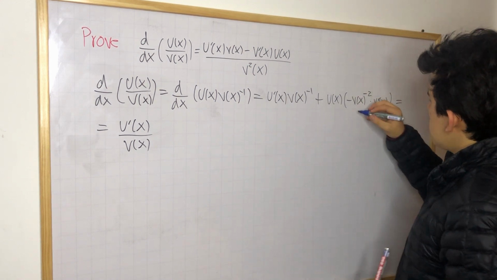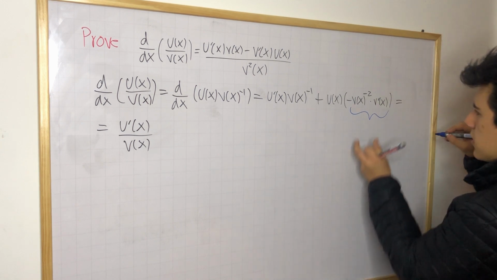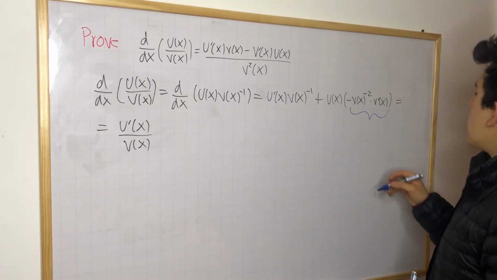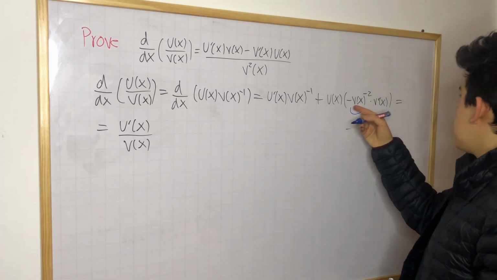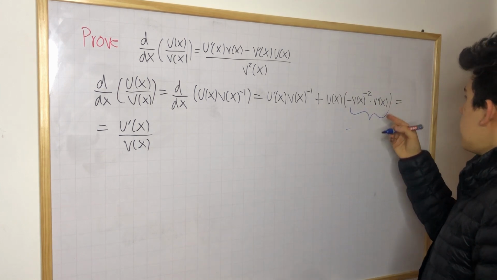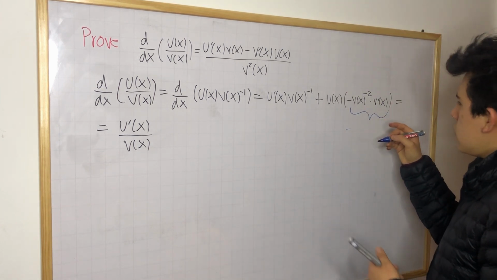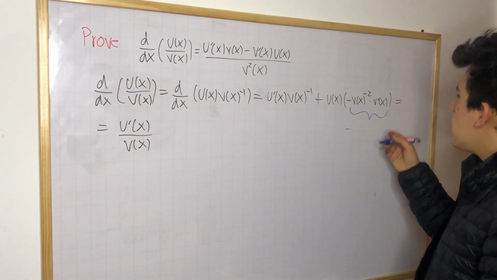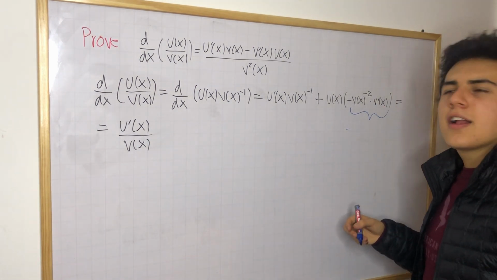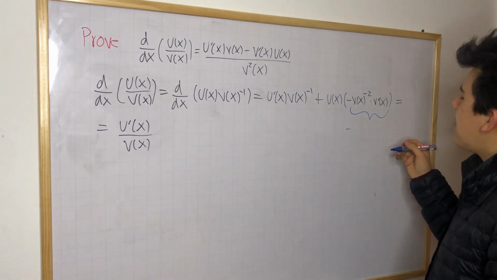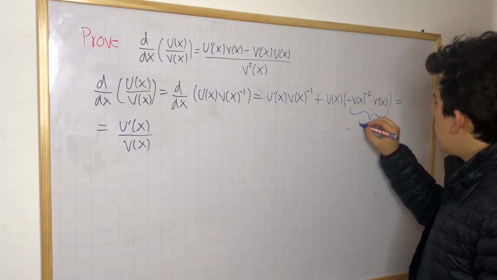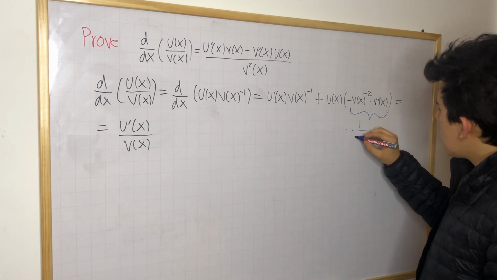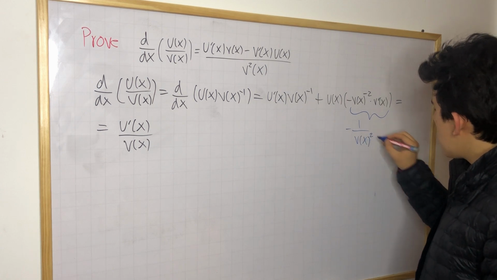Now let's simplify this portion over there. I'm going to do that in blue so you know that we're doing something specifically for that part. So we know that if we have v to the -2, so we have minus 1 over v of x squared, okay?